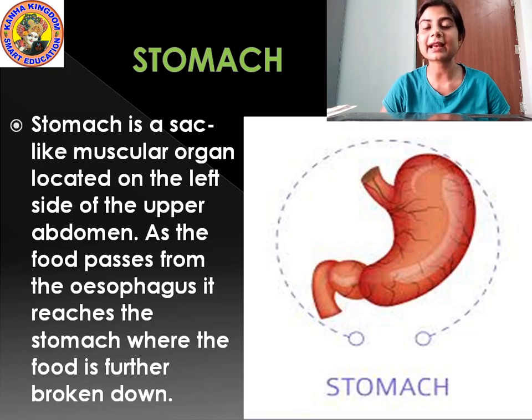Can you see it is sac-like? Sac-like means something that can contain something inside. Yes or no? The food that we eat passes through the food pipe and gets stored in the stomach.